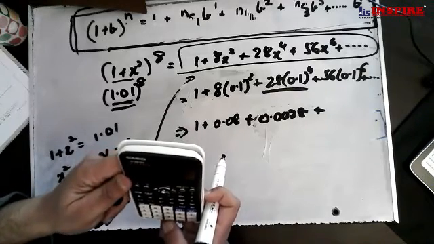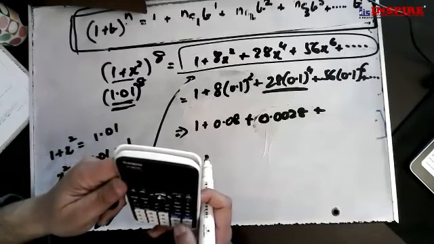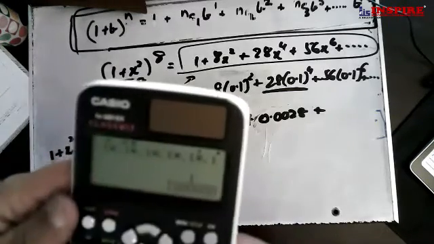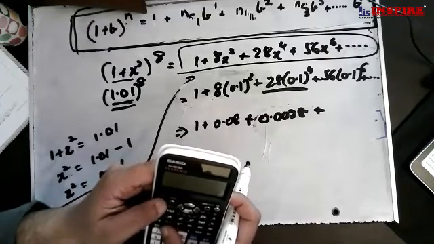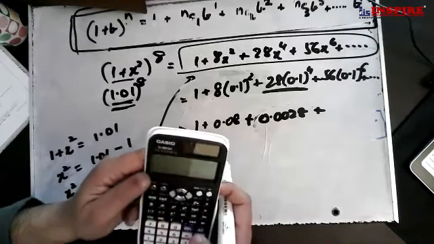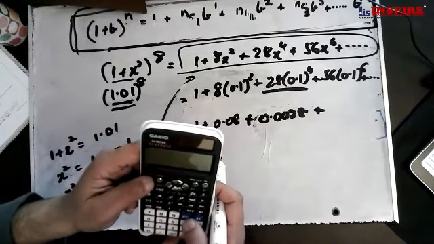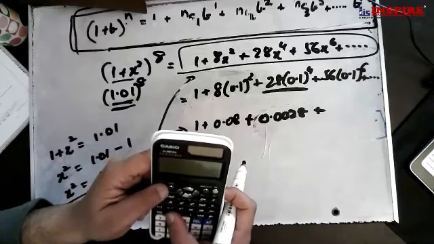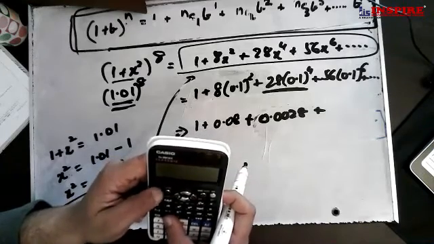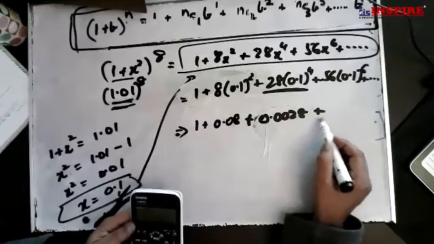1, 2, 3, 4, 5 into 0.1. Okay, you got this as the answer. You do shift engineering and multiply it by 56. Shift engineering, and you get some number called 0.000056.